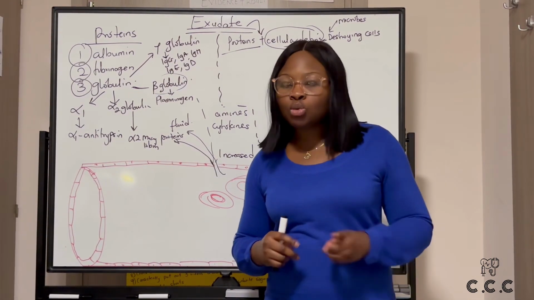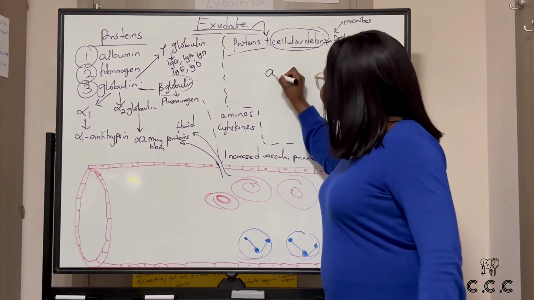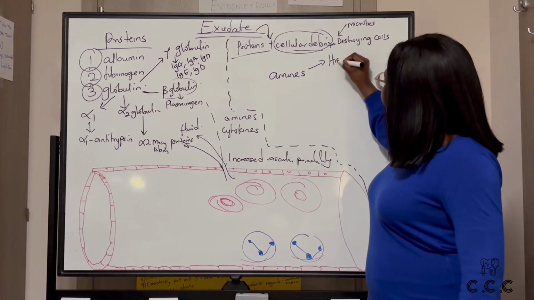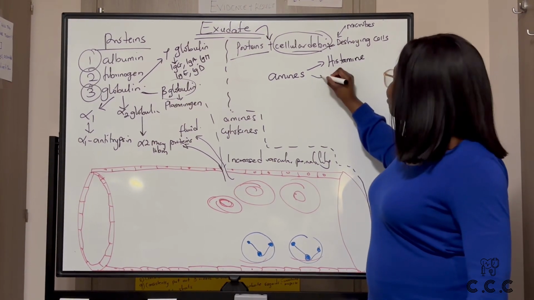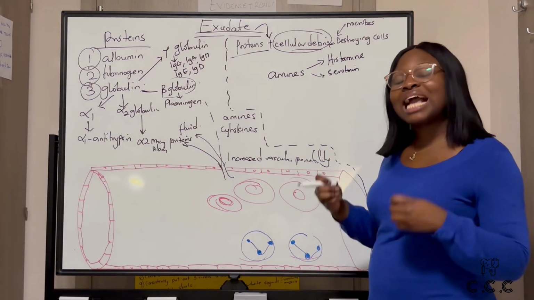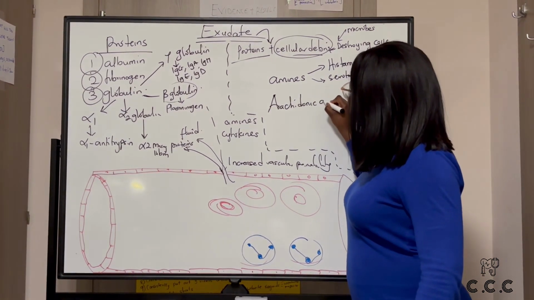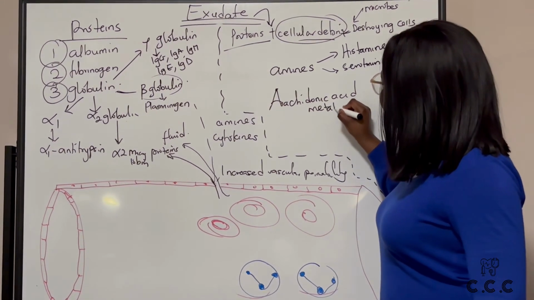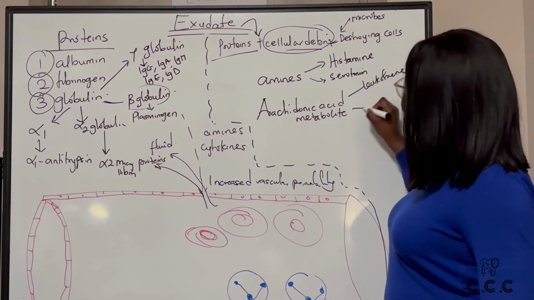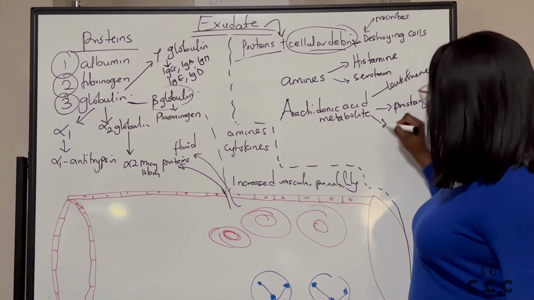For your vessels to be easily permeable, we can see substances like our amines come to the venules. Examples of our amines are histamine and serotonin, which is a very important amine, and we also have our arachidonic acid metabolites. Examples of arachidonic acid metabolites are our leukotrienes, our prostaglandins, and eventually our thromboxanes.